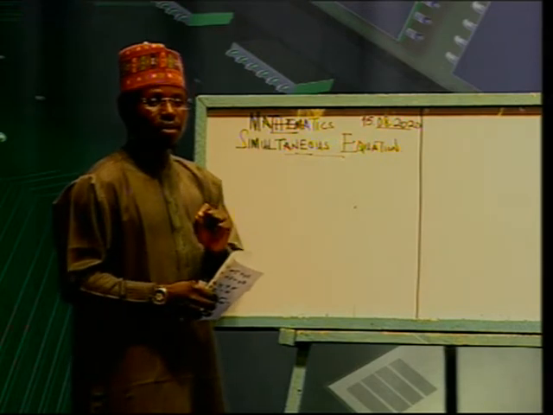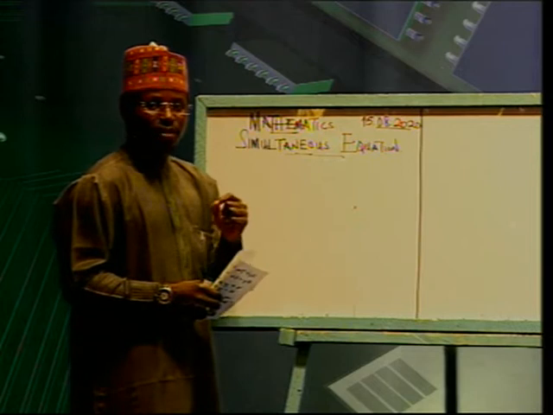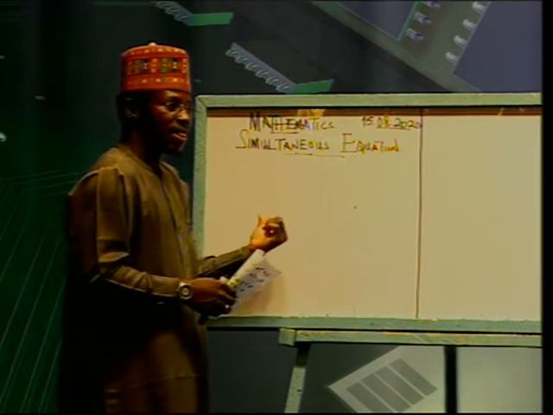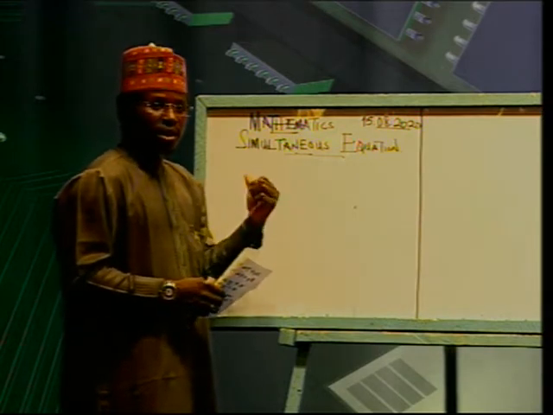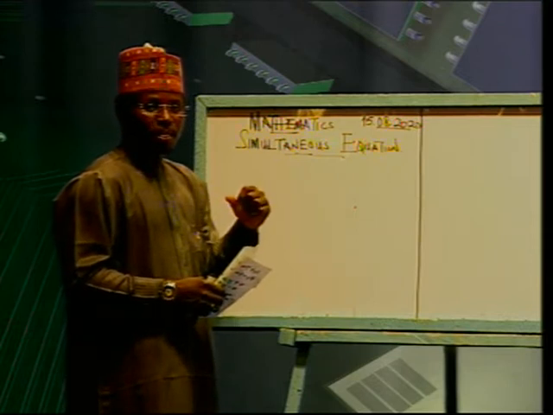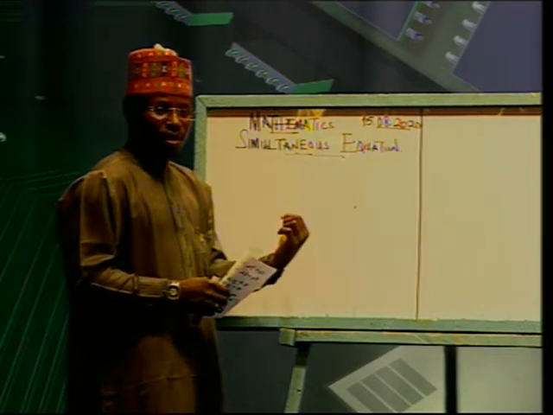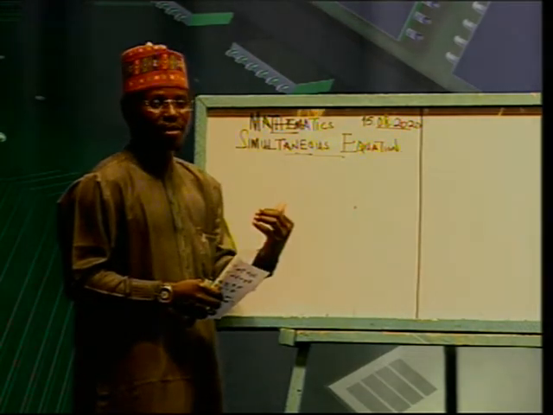The second method is called the elimination method. The third method is called the graphical method. And we also have the matrices method, which is always used at the advanced level.